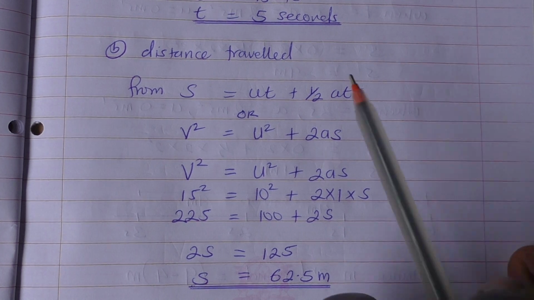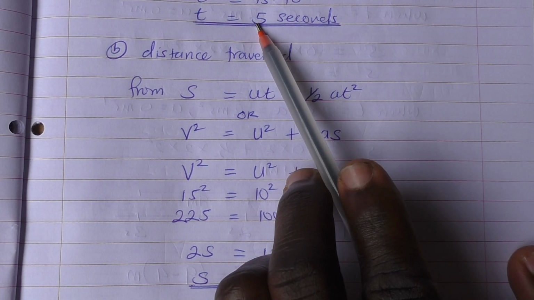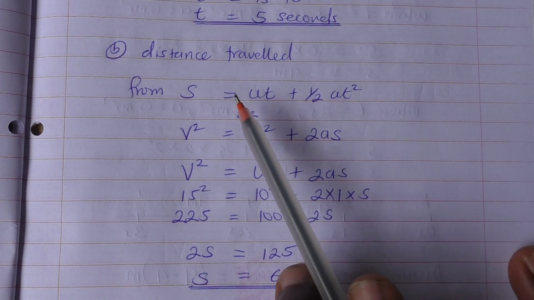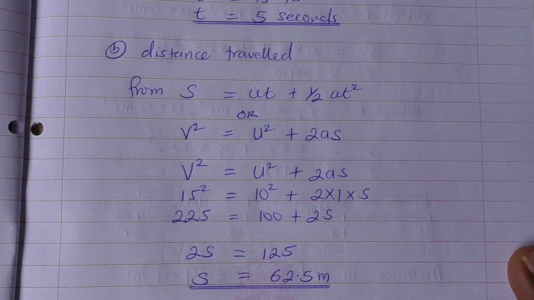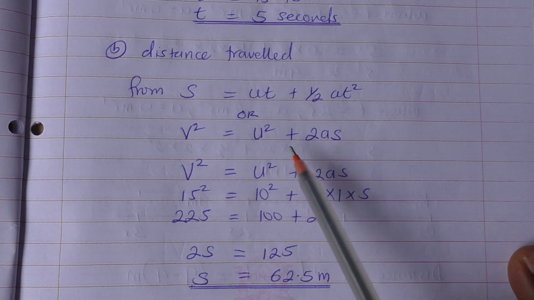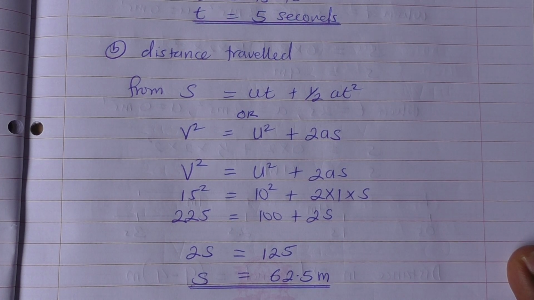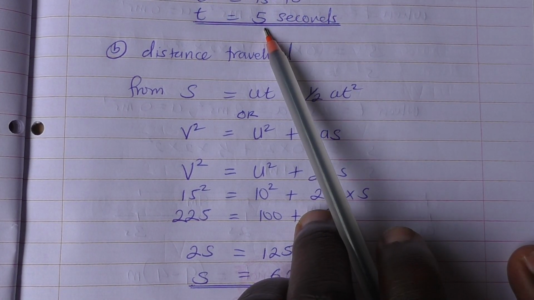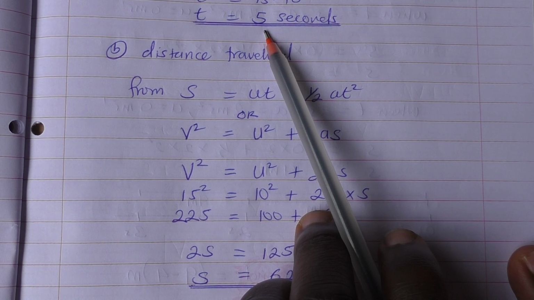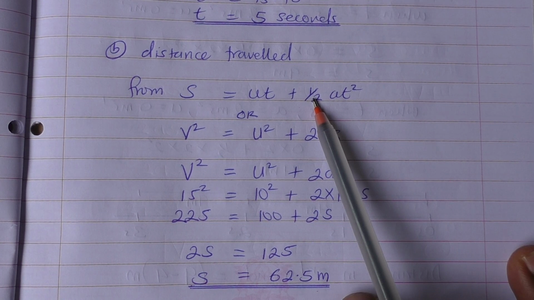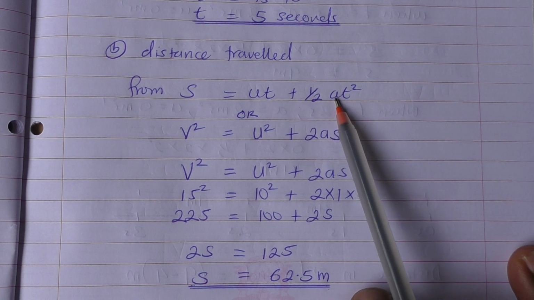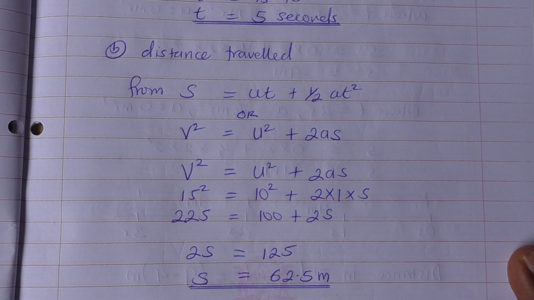So since we have got time, it is possible for us to use the second equation. However, my advice is we use the third equation, because assuming the time you got in part A was not correct and you substitute it in part B when you're finding the distance, since you used the wrong time, even the distance will be wrong.